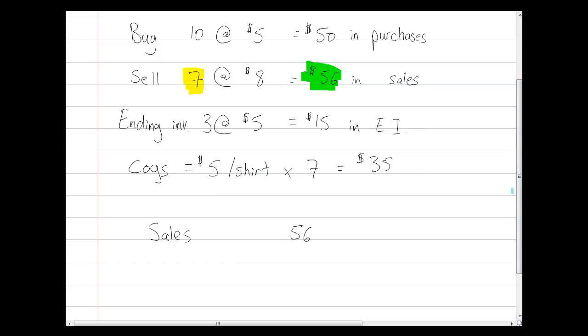And so that amount is what we calculated up here. We sold 7 shirts, which we bought at $5 each, for total cost of goods sold of $35. COGS, which leaves us with basically, this is called our gross profit, which is the difference between our sales and our cost of goods sold, and that's going to leave us with $21.